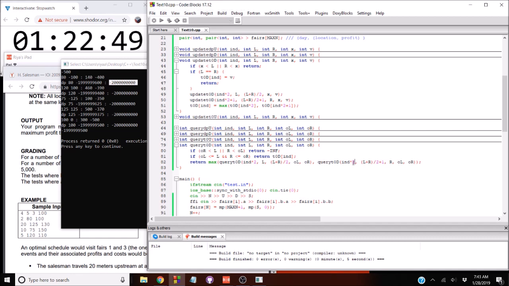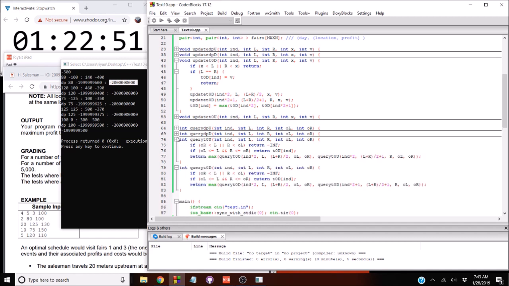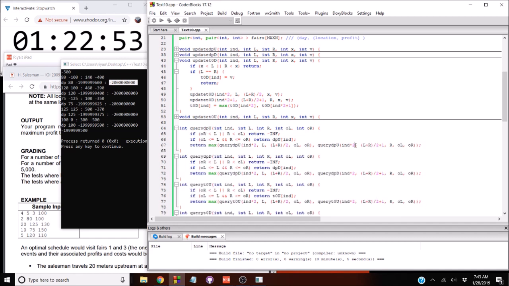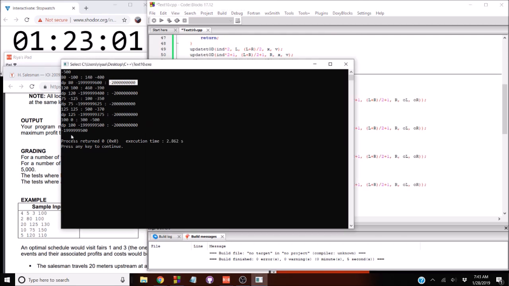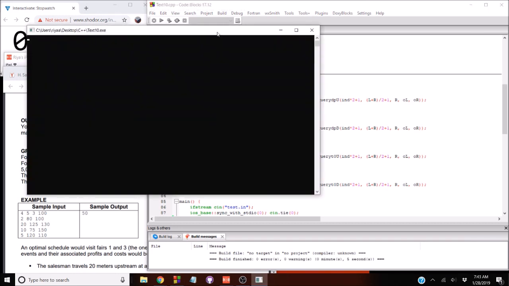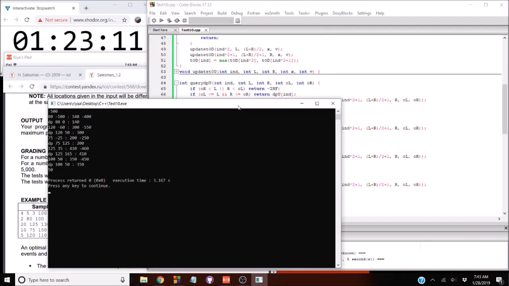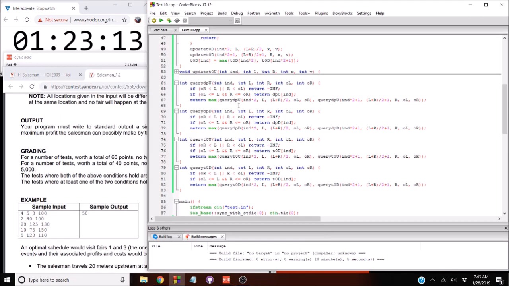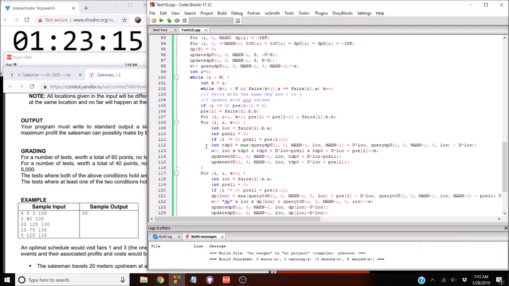Oh, this should be plus 1. Probably the same number. Oh, yeah. And 50 is the right answer. Cool. So I'm just gonna comment out all these prints.